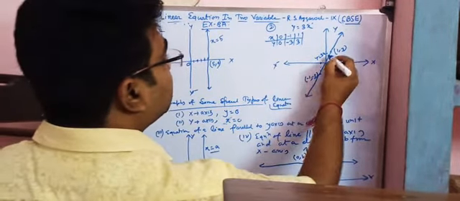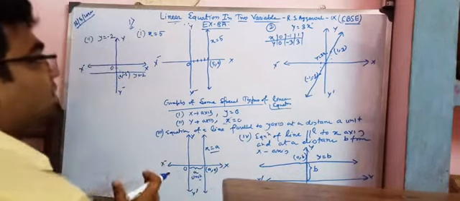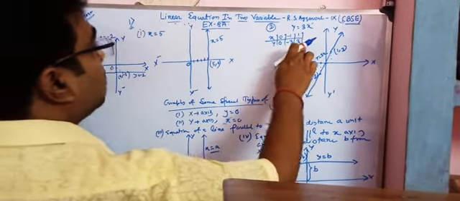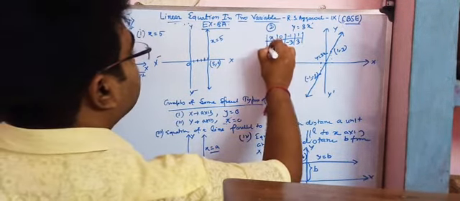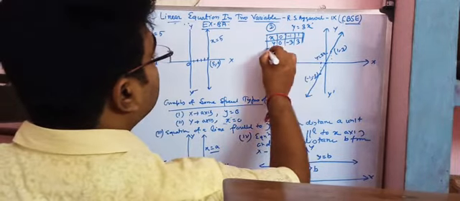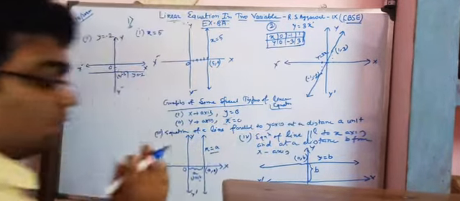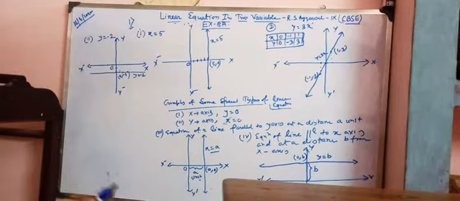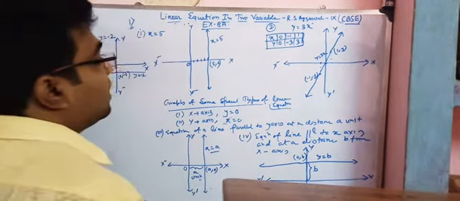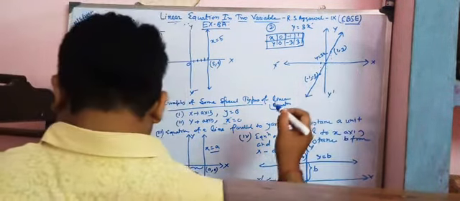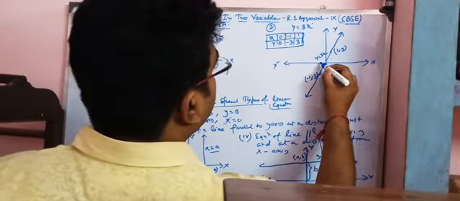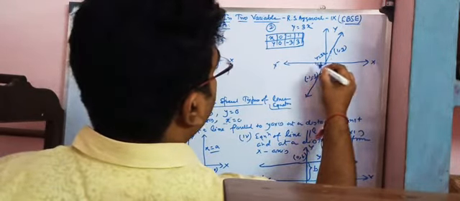For better calculation, I suggest you go through graph paper. Okay, don't do it like this. It's for understanding only. So if x is equal to minus 2, that means minus 1, minus 2.